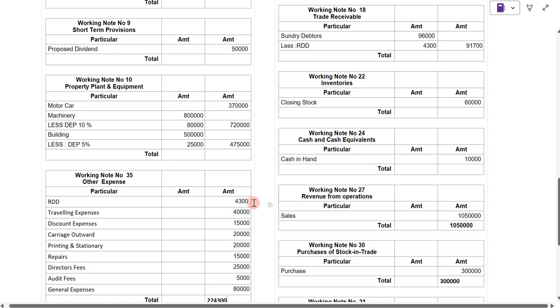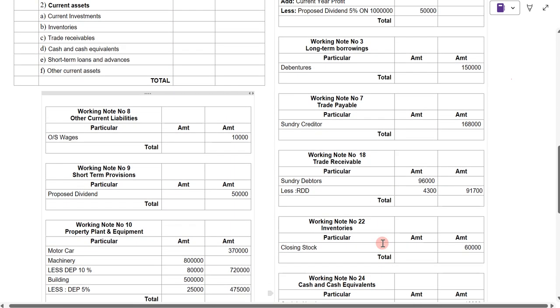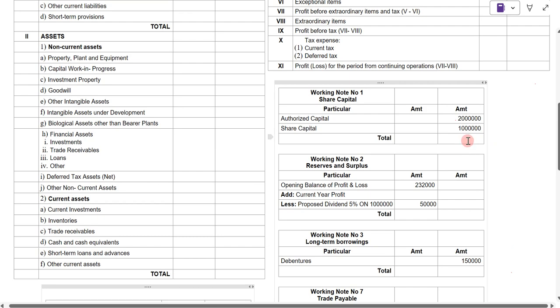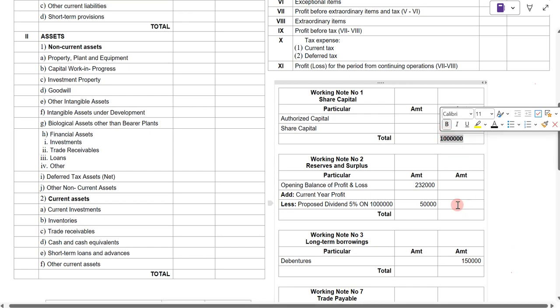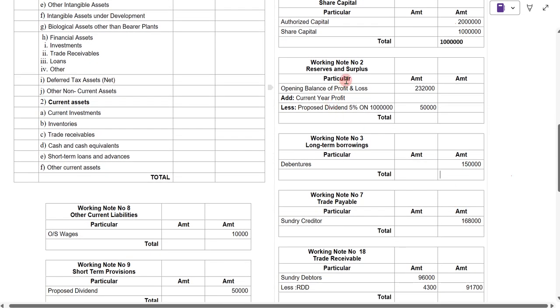Okay, now we have closed the account. We will close the account of the balance sheet also, 10 lakh. Later on we will close the working note number 2, because we have to find the current year profit.